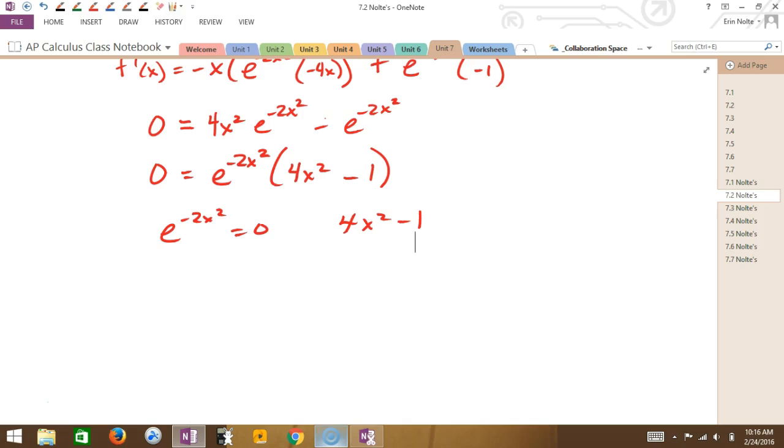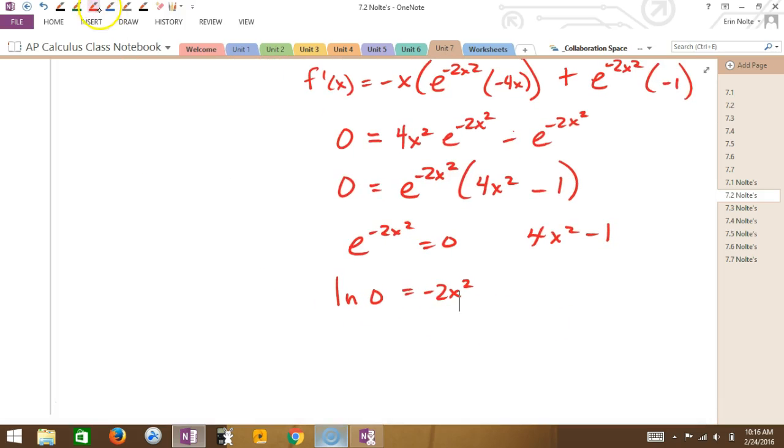Okay, how do I solve e to the negative 2x squared? Oh, nice. You have the right idea. So the natural log of 0 is equal to the exponent. Remember that? So here's maybe a side note if you don't remember.